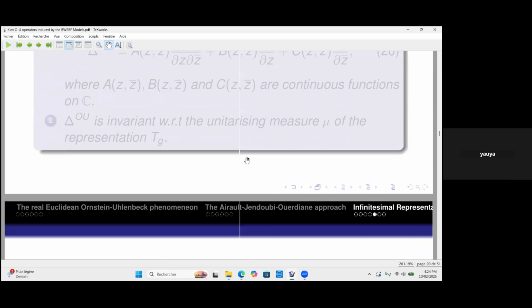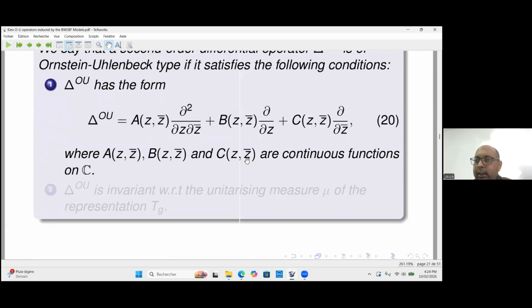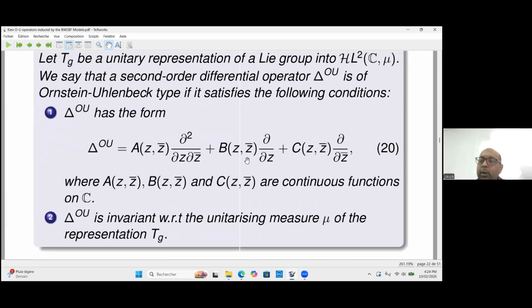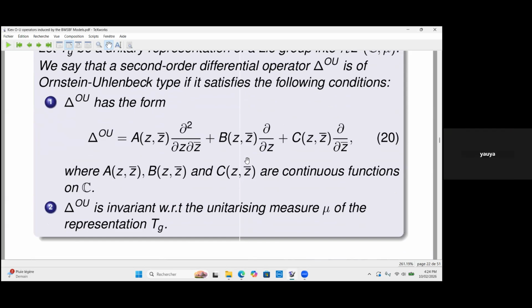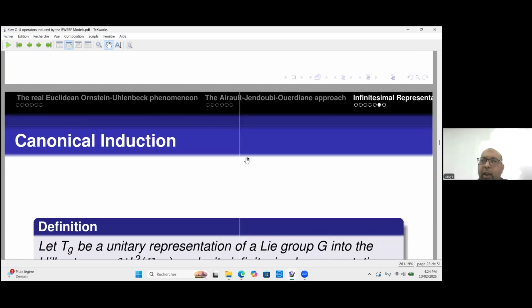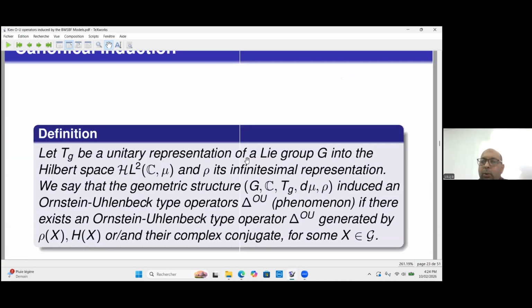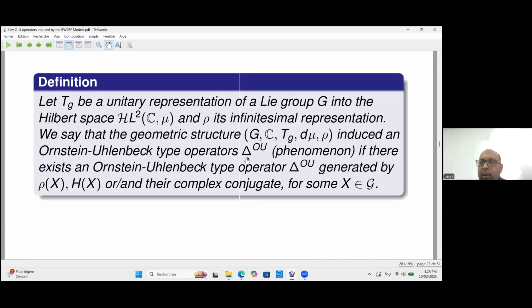Yes, so we want to construct a second order differential operator that is invariant with respect to the measure d mu. So if we have a unitary representation, we shall define a notion called induction of the operator from the geometric structure.